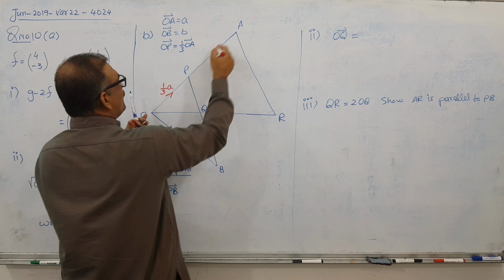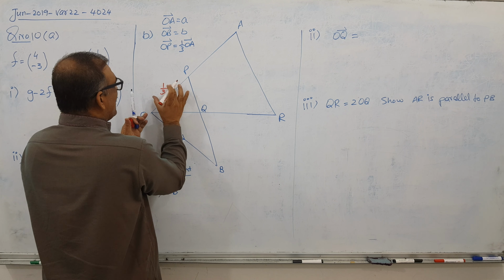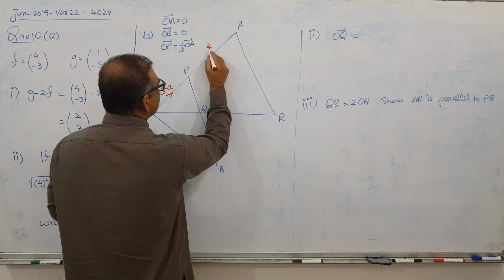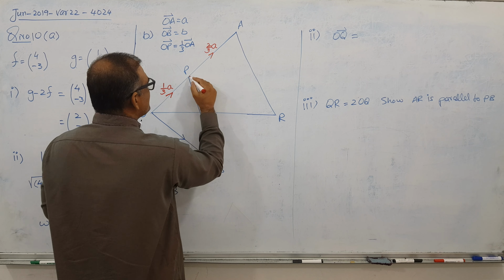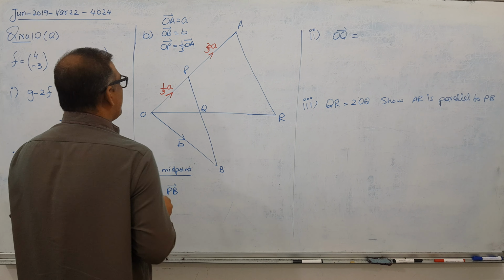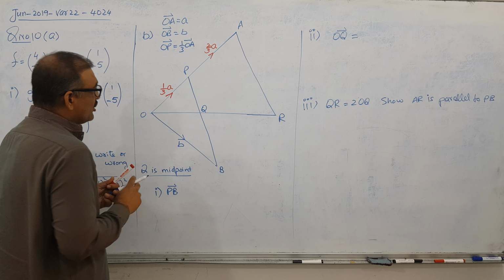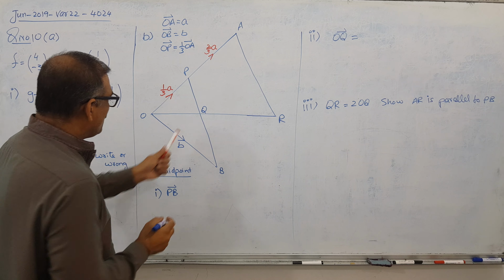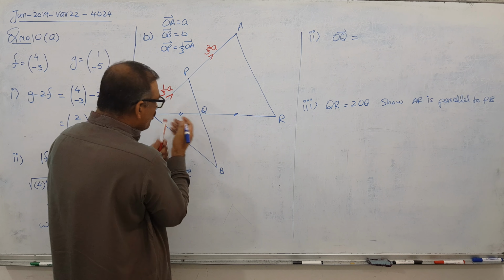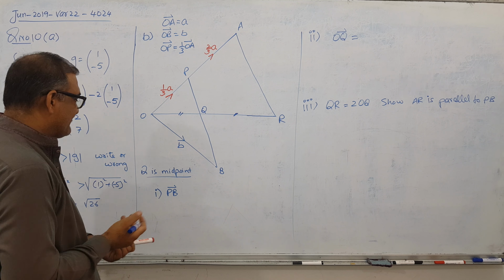But as we know the full thing is A, so 1/3 out of 3, 1 gone, this is 2/3 of A. From here till here 2/3, and from here 1/3, and full is A. And Q is the midpoint, so the gap here and the gap here are equal. It does not look equal, but he said so, so we have to follow it.